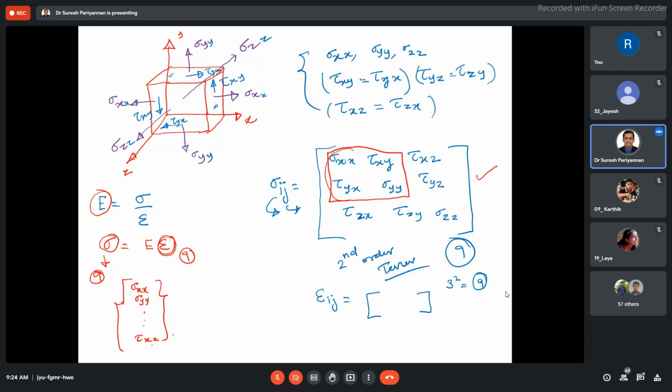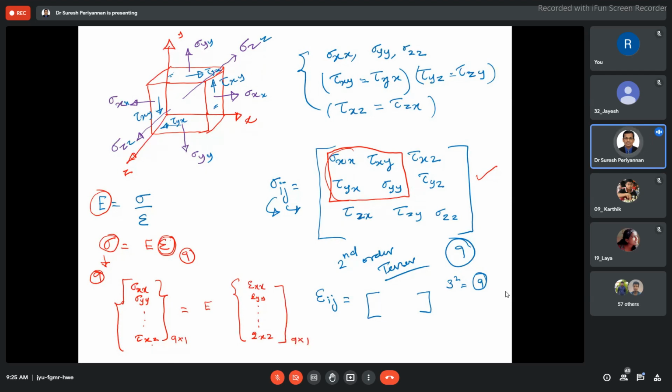A 9 cross 1 matrix. Now, here, this is the material constant, Young's modulus. How can I write the strain here? Epsilon xx, similarly epsilon yy, like that, finally epsilon xz. Nine components. This is also 9 into 1.